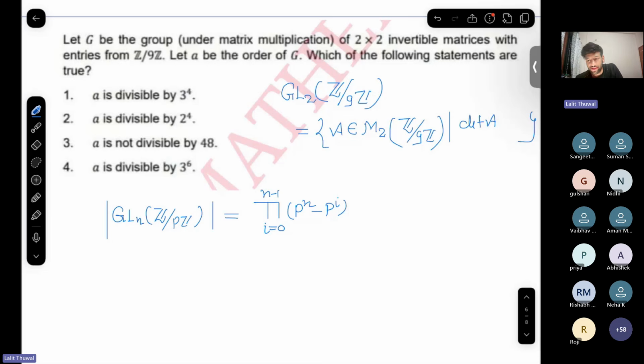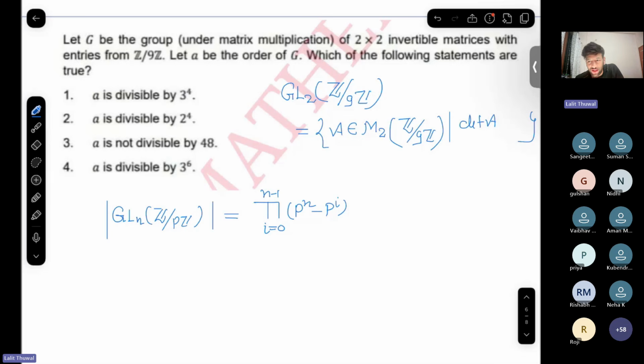Determinant of A should be... Okay, Kubendran, you tell. Determinant of A should be not equal to 0. Is it over 9? No, it should be not equal to 0.